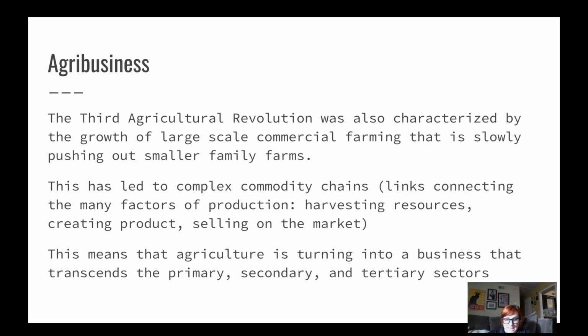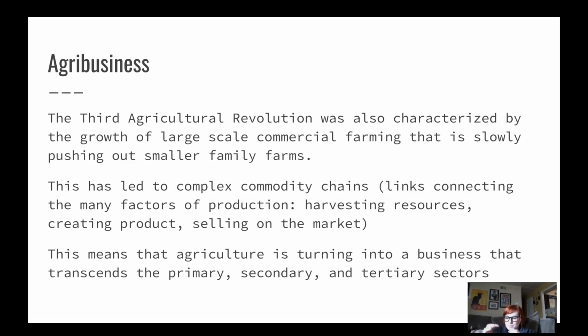So what is happening, especially during the third agricultural revolution, is these big commercial farms are starting to push out these smaller farms, okay? So especially in the United States, there are a lot more of these gigantic commercial farming industries like Foster Farms, Monsanto, right? You guys have probably heard very nasty things about Monsanto, and most of them are true.